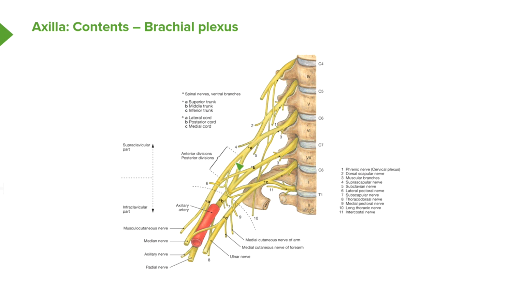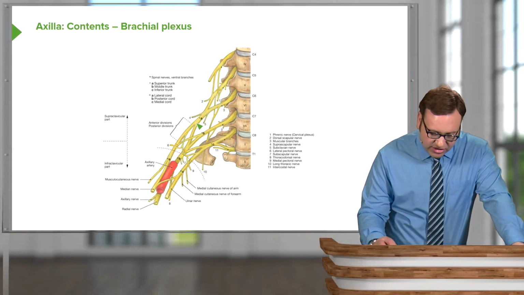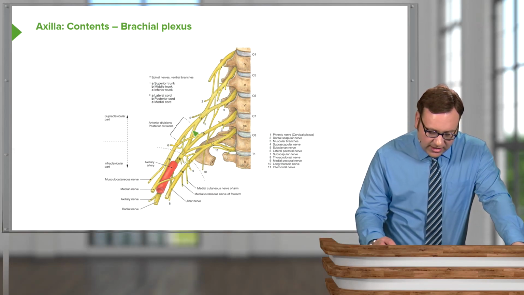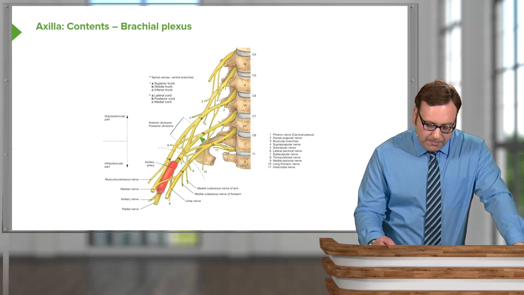So let's do that again. Superior trunk here gives rise to an anterior division, and that anterior division is joined by the anterior division of the middle trunk. So these two anterior divisions join. If we look at the posterior division of the superior trunk, that joins with the posterior division of the middle trunk.